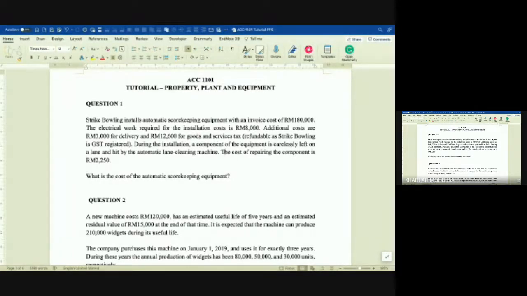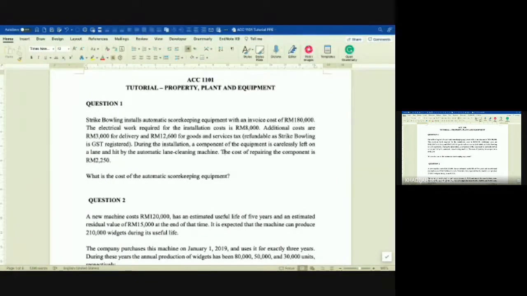So in this question, you have to decide how to determine the cost. Remember that in the first class, we mentioned that to decide on the cost, not only the cost, in this case the invoice cost 180,000, but you also have to look into other costs incurred, including the installation cost incurred to put the machine into its use.